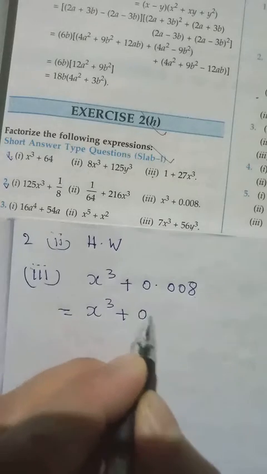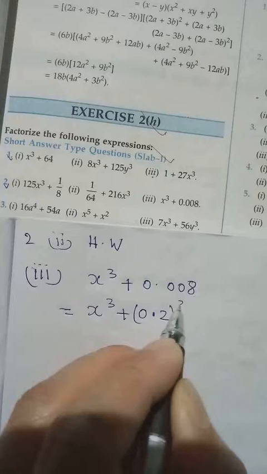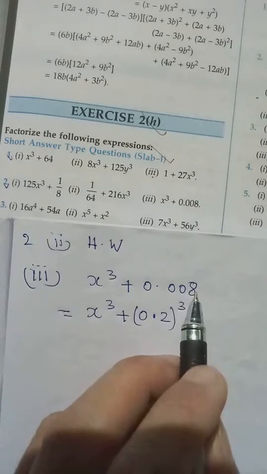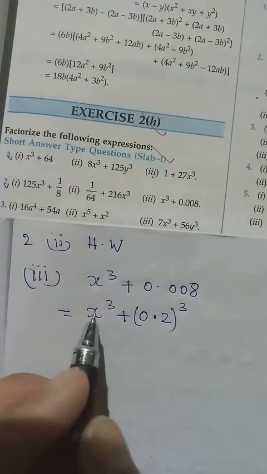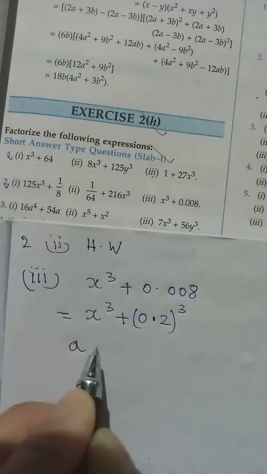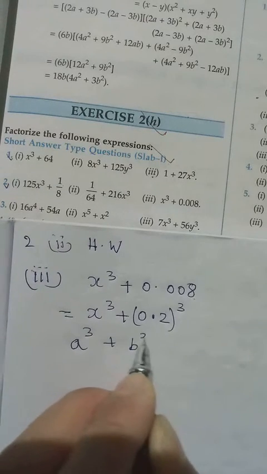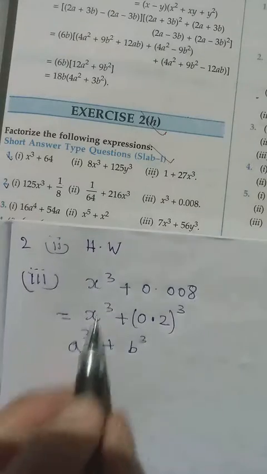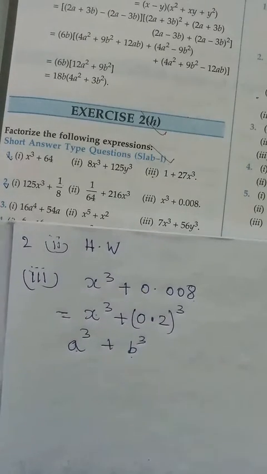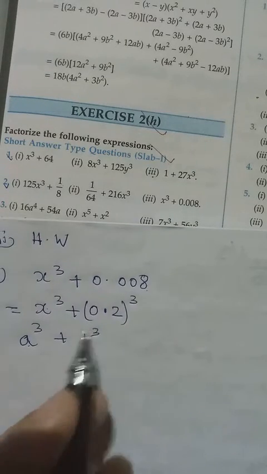That means we can write it as 0.2 cubed, because if we multiply it 3 times, we have to put 3 numbers after decimal. So now if you compare this, again it will come of that form: a cube plus b cube, because x becomes a, 0.2 becomes b. So that means we can apply the formula a cube plus b cube.